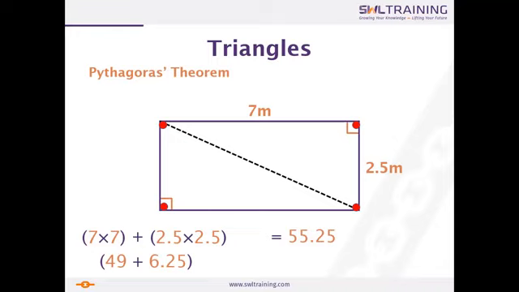And then to get back down to the dimension of the hypotenuse, we'll need to square root 55.25, resulting in a hypotenuse length of 7.43 metres. There's more information and further examples of this within the downloadable maths tutorial, and you can learn more about how to apply this to slinging both in your course and in the online training platform.